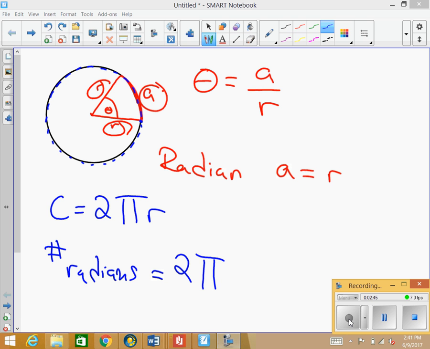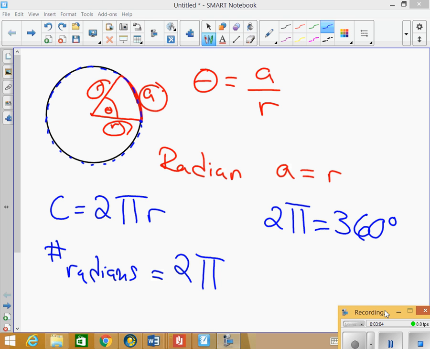And that gives us this relationship. Because the other thing we know about a complete circle is the angle in a complete circle is 360 degrees. So we also know that 2 pi is equal to 360 degrees.